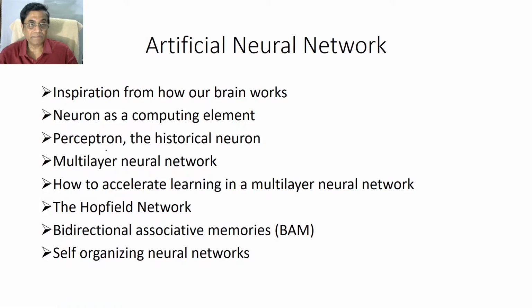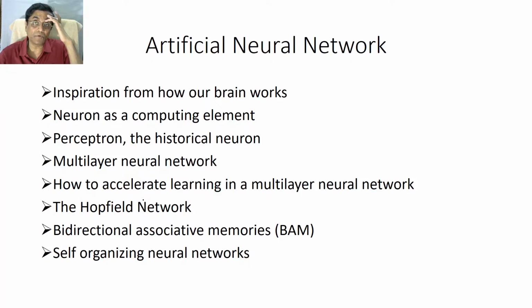the great perceptron from a historical perspective, and then how multi-layer neural network was developed, how to train a multi-layer neural network, and then how to accelerate training in a multi-layer neural network.